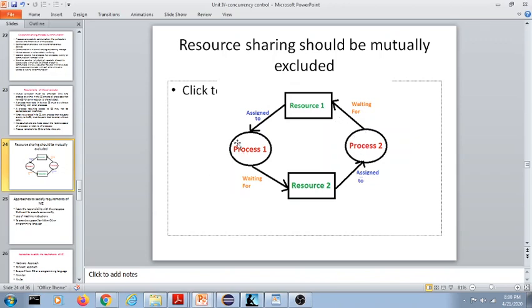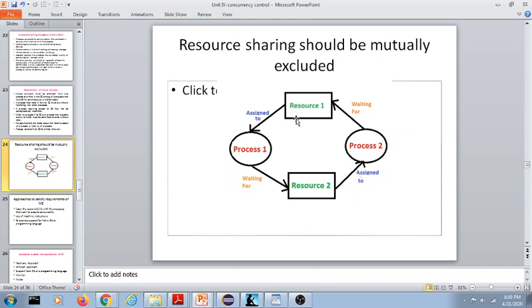Whenever process 1 is using resource 1, the section of the code in which process 1 is working for resource 1 is called the critical section of the code. Whenever one process is in its critical section of the code for a common resource, the other process should not be allowed to enter its critical section of the code for the same resource.